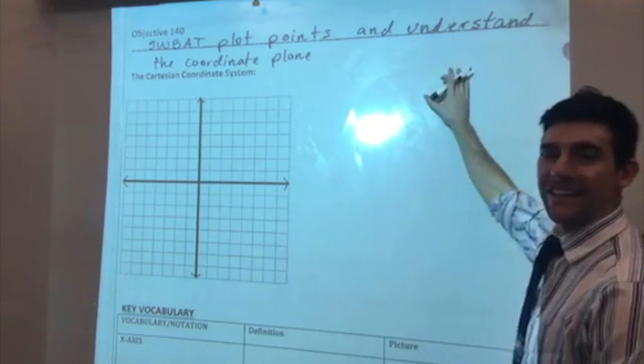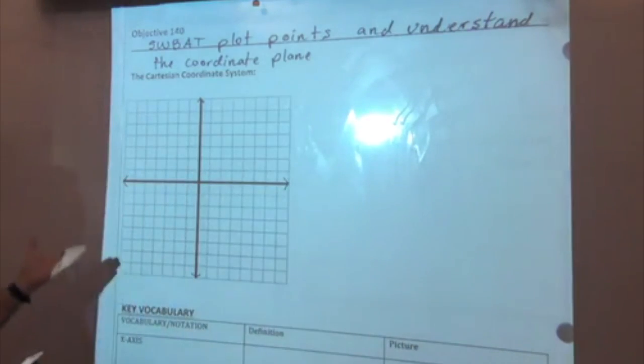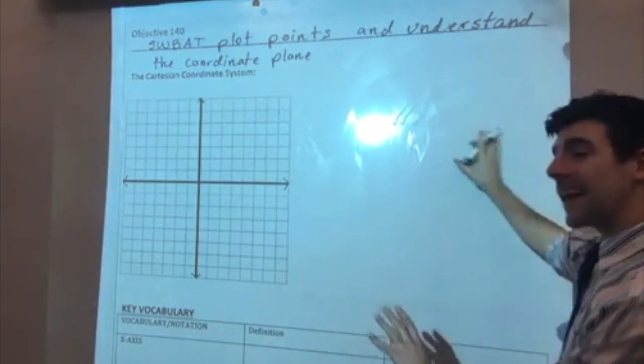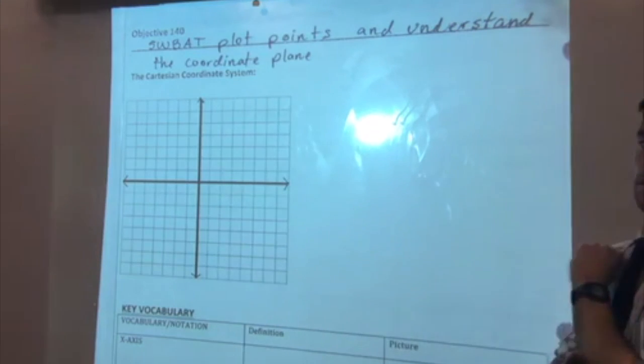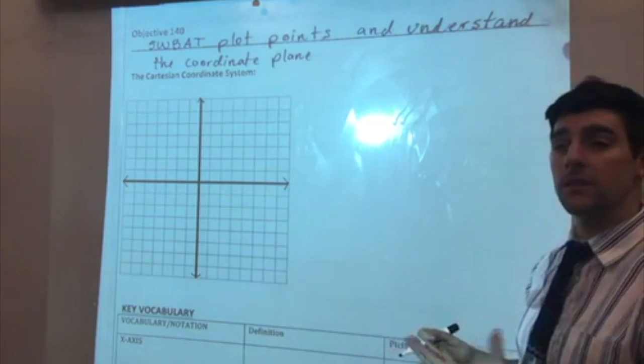So Objective 140. Students will be able to plot points and understand the coordinate plane. Your very first bit of notes is actually not even going to be here. This is the Cartesian coordinate system, and I think it's super interesting to figure out why it's called the Cartesian plane.